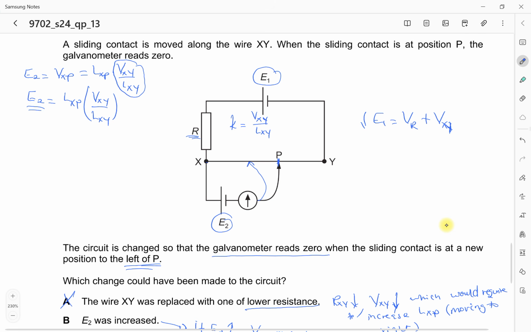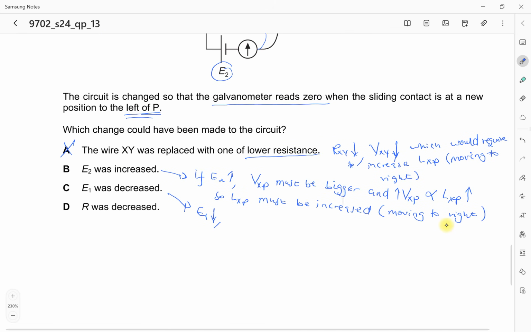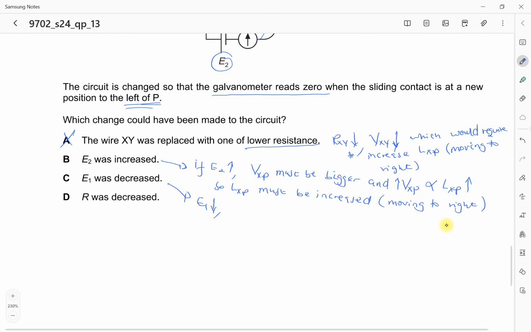So if E1 is decreased, it means, of course, if the resistance has not changed, the current is going to be decreased. If the current is decreased, it means the PD across R decreases and the PD across XY also decreases. So if E1 is decreased, it means the PD across XY has decreased.